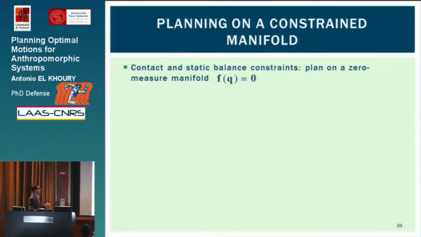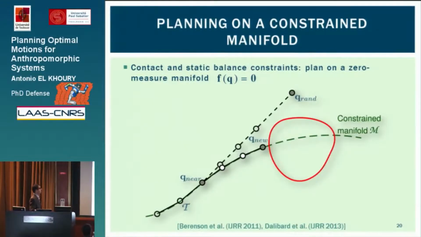Now that we have defined this manifold, we still don't know how to plan on it, so we have to modify the RRT. There exist variants of the RRT where we can take constraints into consideration, and where we can plan, so explore, constrained manifolds very efficiently. It consists of slightly modifying the extension phase of the RRT, where we still sample a random configuration.